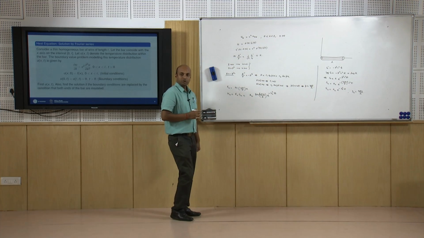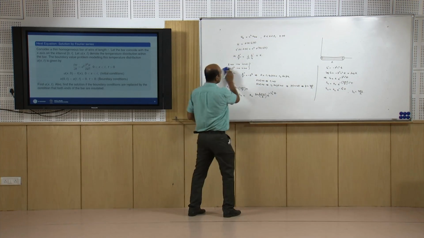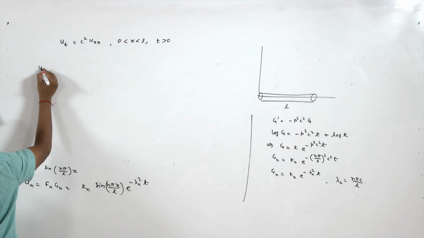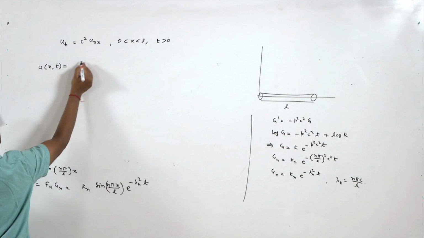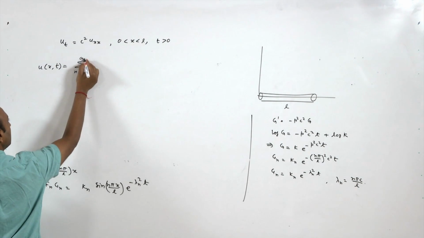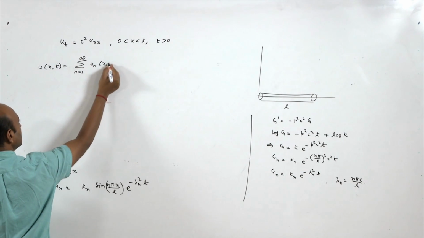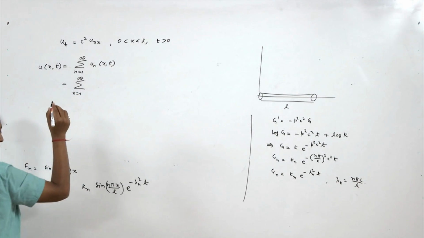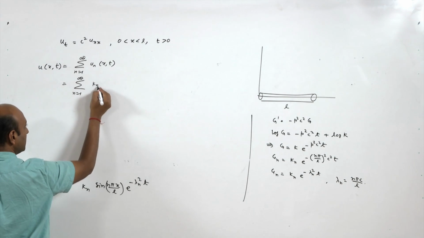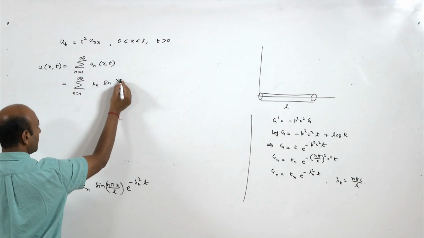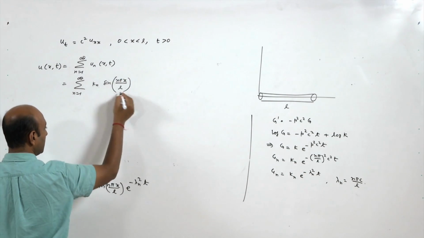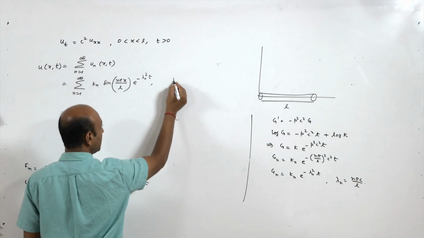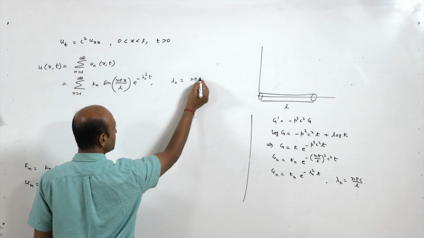Now, again by the superposition principle, u(x,t), which is the solution of this partial differential equation, will be nothing but summation n from 1 to infinity un(x,t). So, u(x,t) is summation n from 1 to infinity kn sin(n pi x by L) into e to the power minus lambda n square into t, where lambda n is n pi c by L.